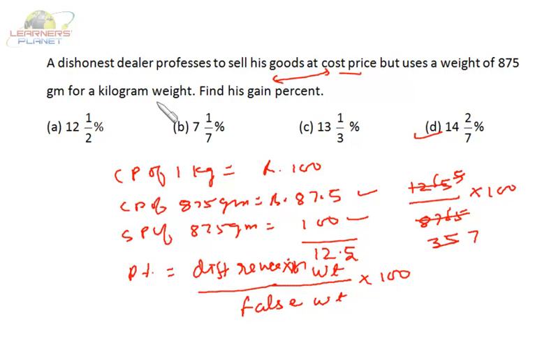Since he is selling 875 gram and is charging for 1 kilogram, the profit is the difference in weight, isn't it? Now why are we taking false weight? Since his actual cost price of 875 gram is 87.5 rupees, the false weight is 875, into 100. Now the same logic can be applied to other questions also.